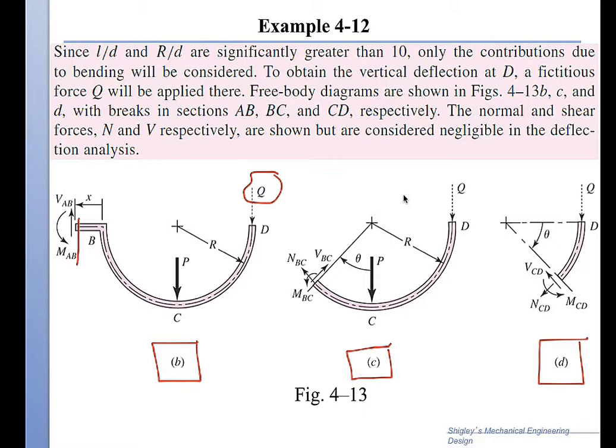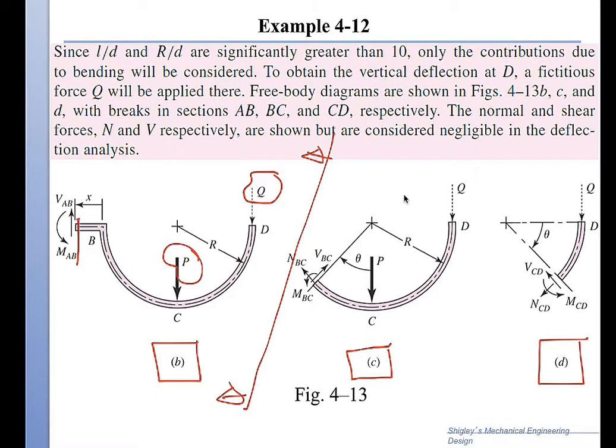So let's first consider this part here, which gives us the free body diagram shown. In this free body diagram, we have equilibrium between the fictitious force Q, which is basically 0, and the applied force P on that side.